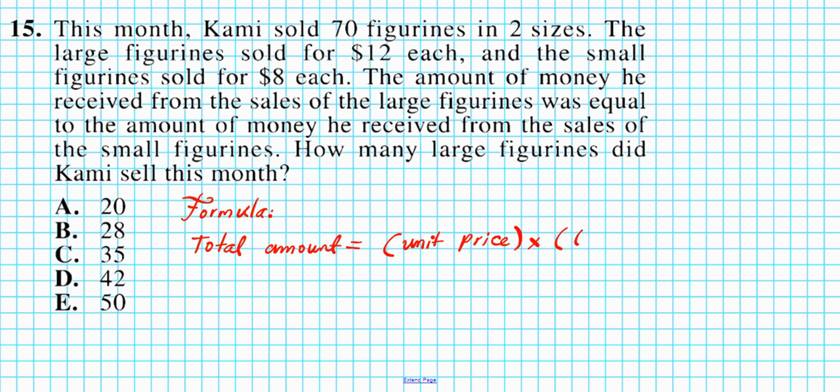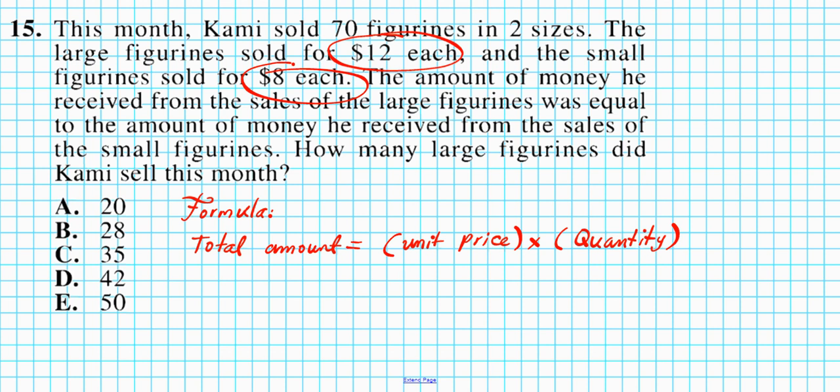Okay? Now you might ask yourself, why am I writing this equation down? We have a mention of unit price twice in this problem. $12 each, that's the unit price for the large figurines, and $8 each, that's the unit price for the small figurines, okay? So you want to keep that in mind.